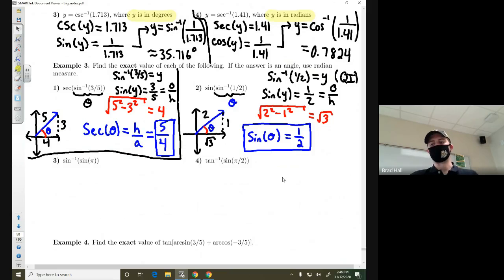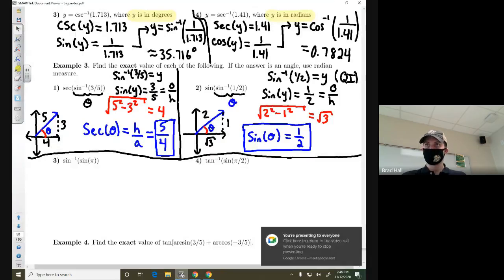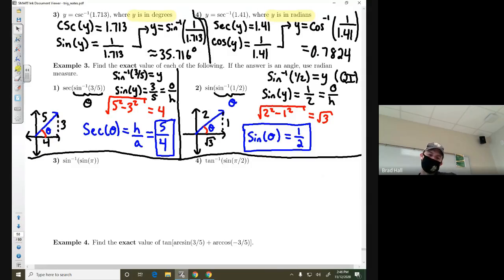Yeah, sine of 30 degrees, which is 1/2, regardless. I'm guessing this one doesn't work because it's quadrantal. Let's look into that one.